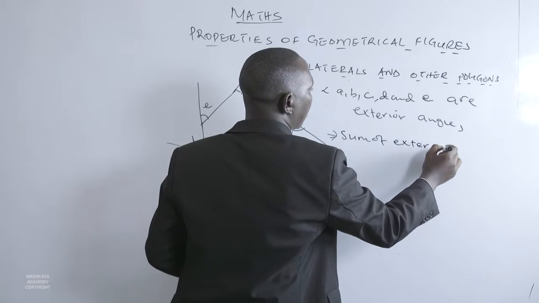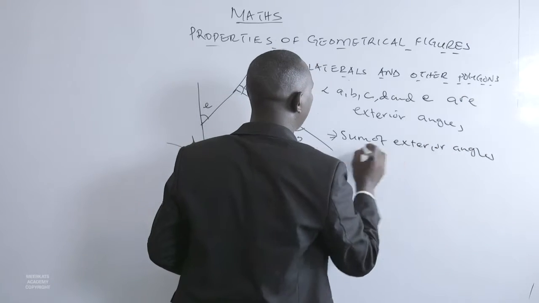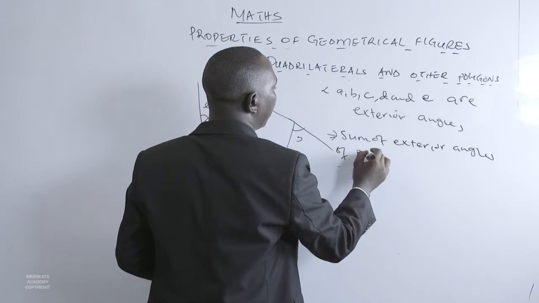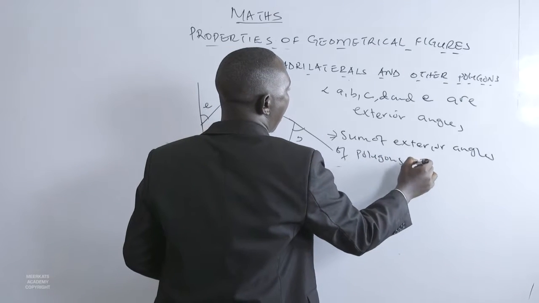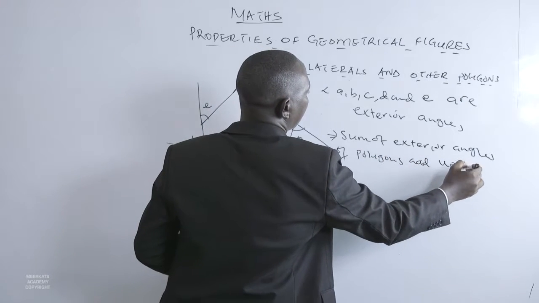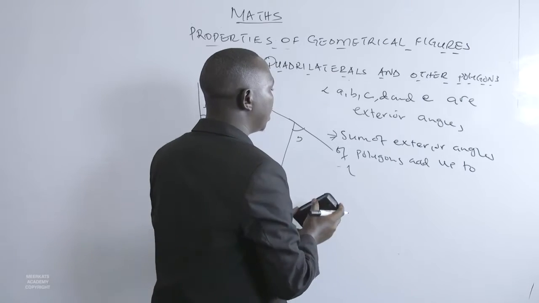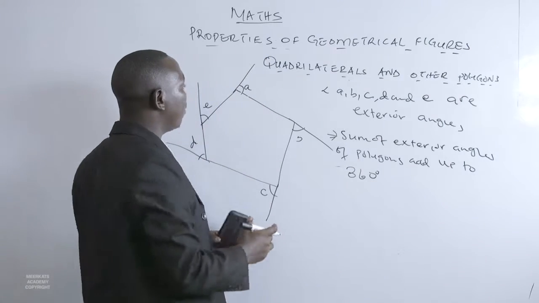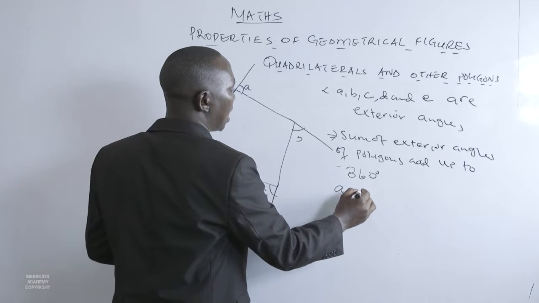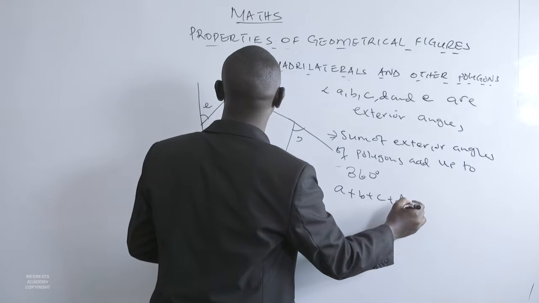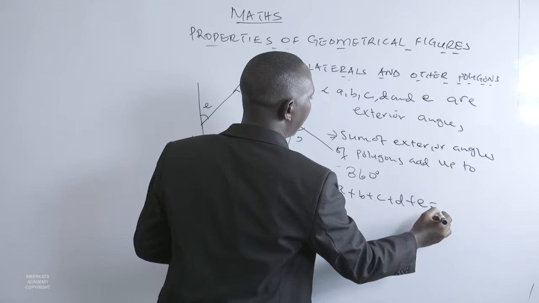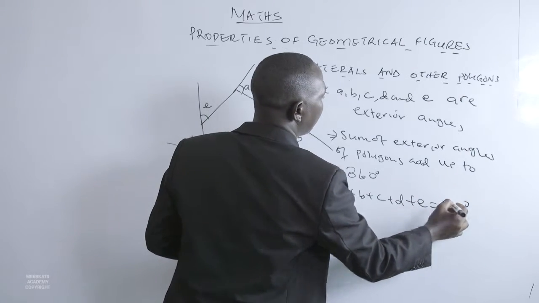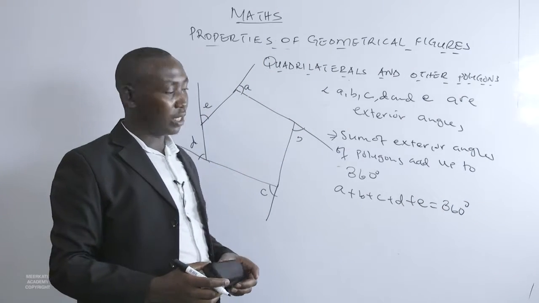Now there's something else you will discover later on concerning these exterior angles, and that is that the sum of exterior angles of polygons adds up still to 360 degrees. Therefore, if you take the sum of A plus B plus C plus D plus E, it will simply give you 360 degrees.